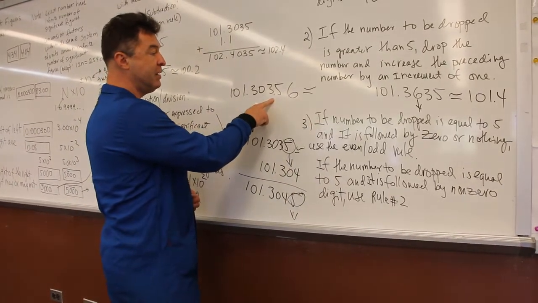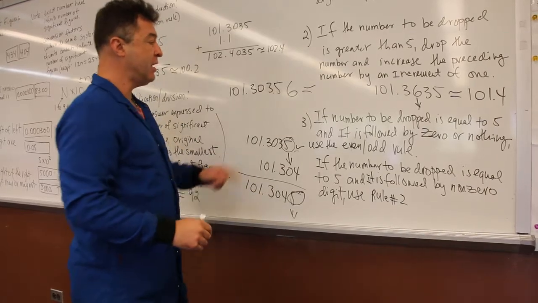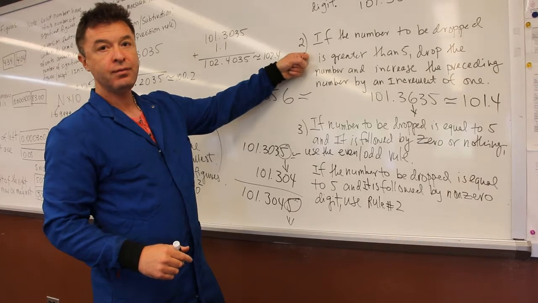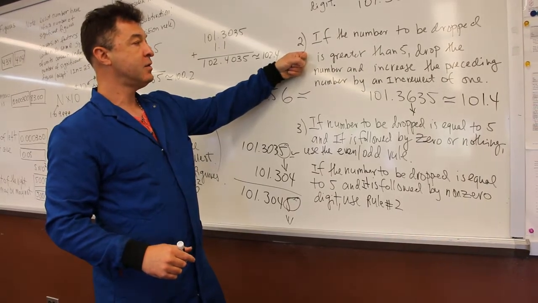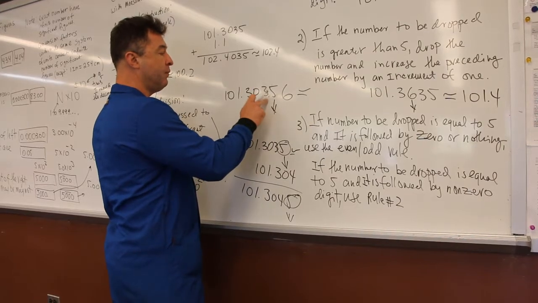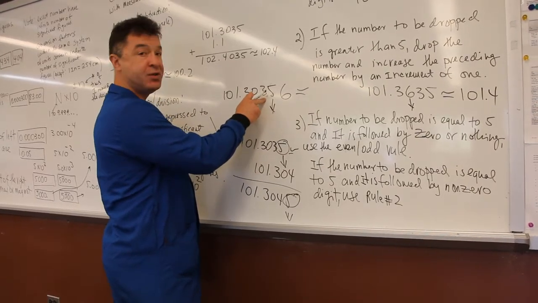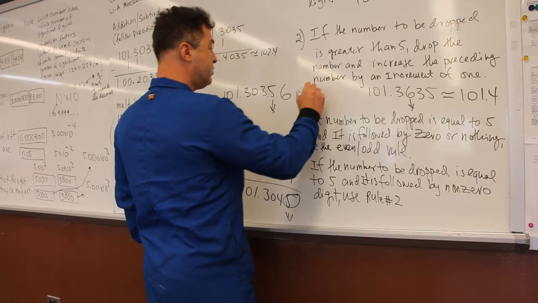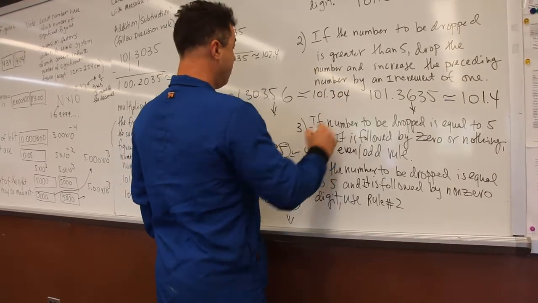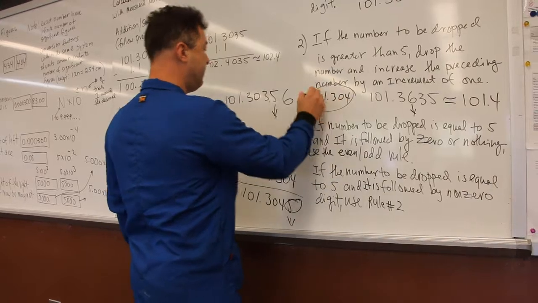So what's going to happen here is that you're going to treat this 5 as rule number 2. If you want to drop this 5, you will increase the preceding number by an increment of 1. And so you're going to have here 101.304. Okay, and that will be the final answer for this.